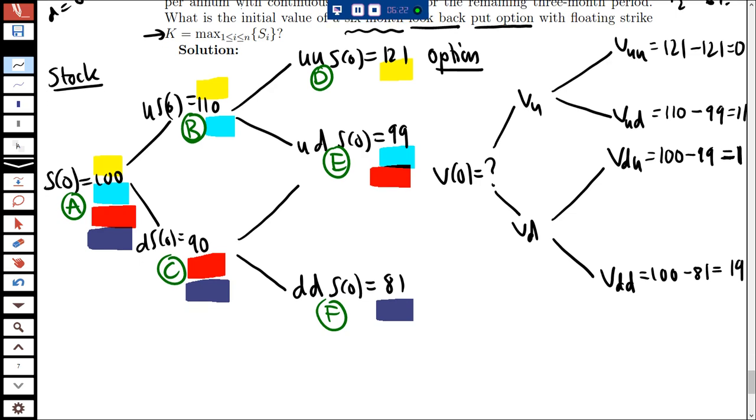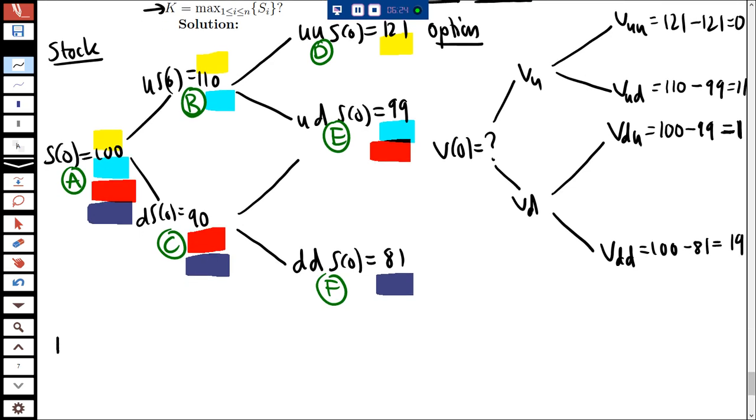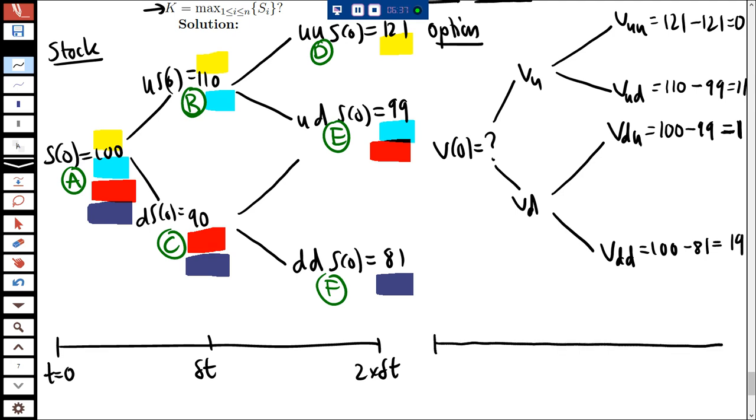There you go, that was quite fun, made me think a little bit. We're using 3-month time steps, so delta T is 3 months. Okay, so that's the complete picture of all the movements.